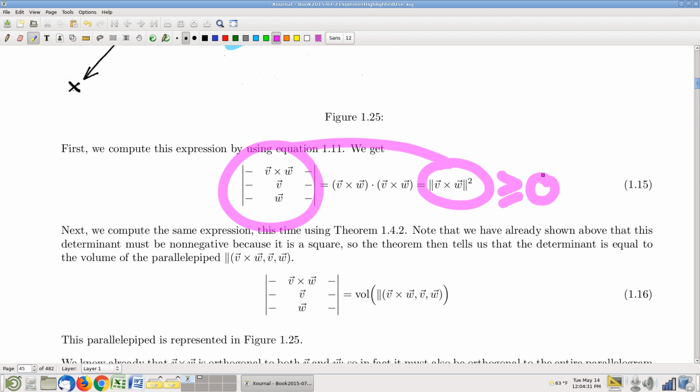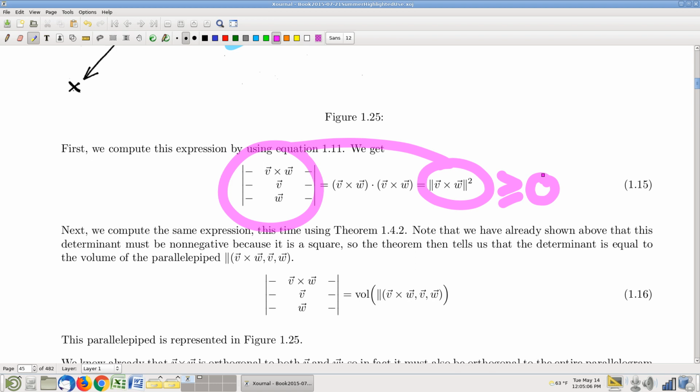This is clearly non-negative. That means there's a possibility that one of these vectors is the zero vector, or V and W are parallel, so the cross product is zero. But none of that is interesting, because if the cross product is the zero vector, I don't need to know which direction it's pointing. So that's not a concern. As far as we're concerned, this is positive. That means that's a right-hand order listing, and that resolves the dispute.